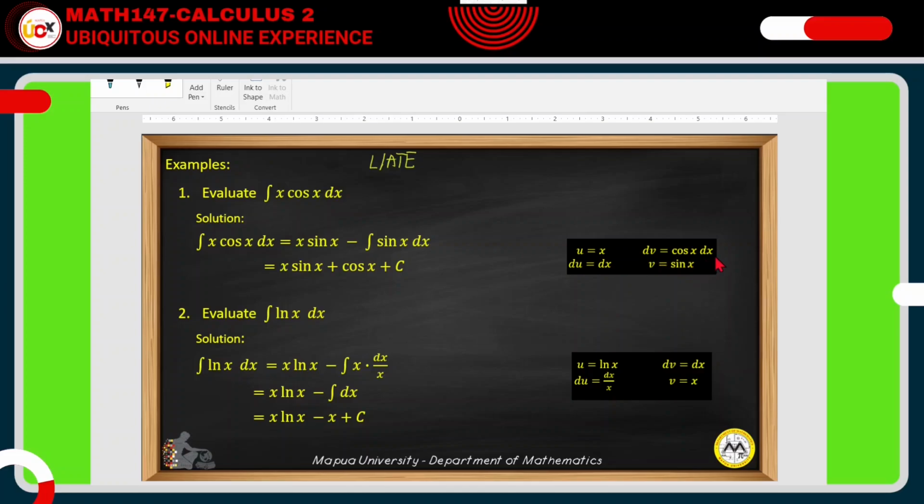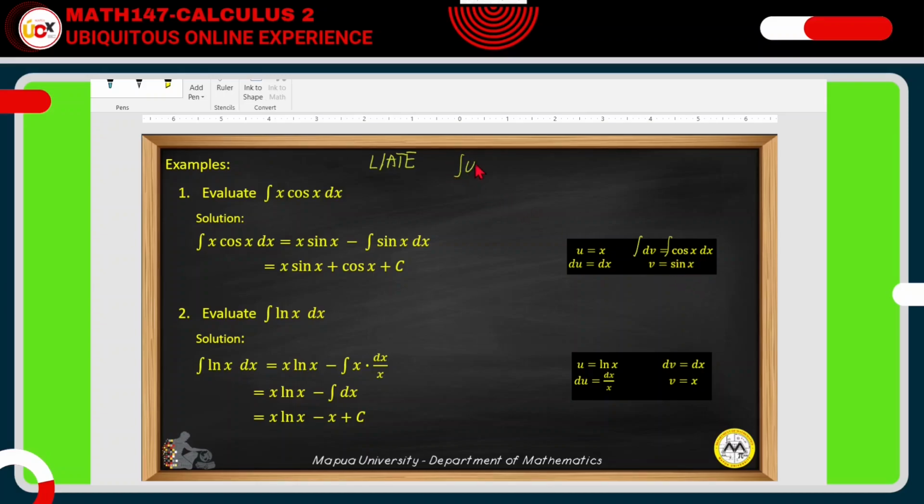So we have dv is cosine x dx. From u equals x, we take the differential of both sides, so du is dx. For dv equals cosine x dx, we take the integral of both sides to get v equals sine x. Recall that the integral of cosine x dx is sine x.